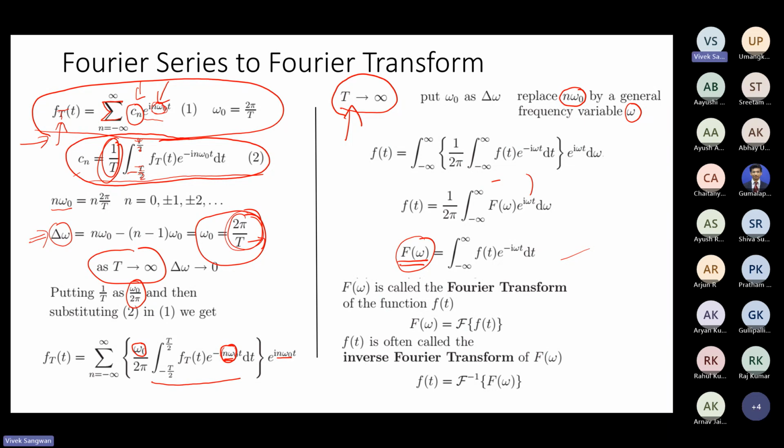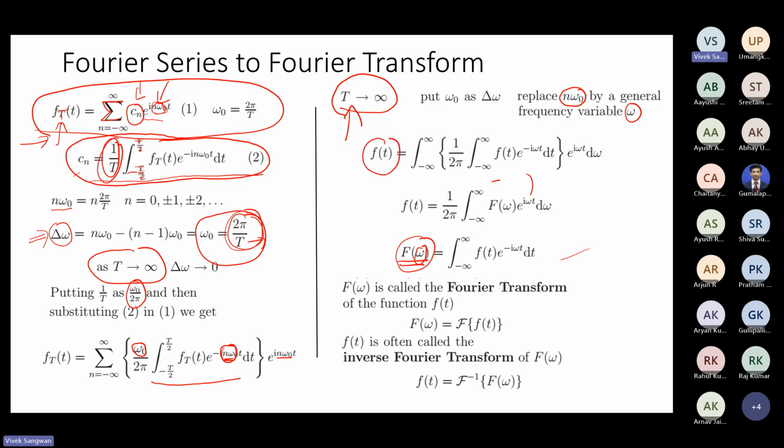Actually, it will be a complex number, so that complex number is going to have a magnitude and a phase. Its magnitude is going to tell you how much contribution that particular frequency has in the aperiodic function f(t) that you started with.